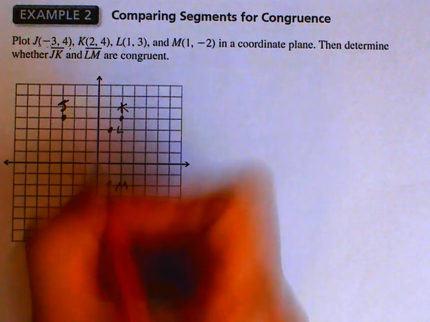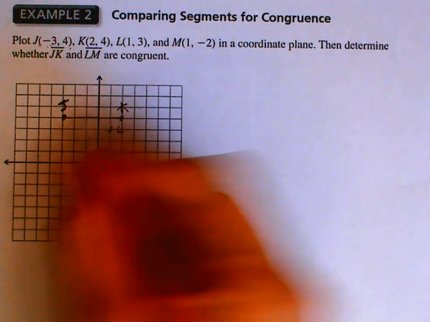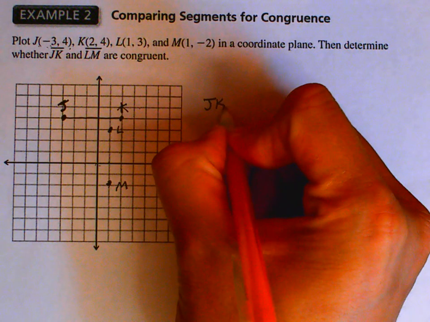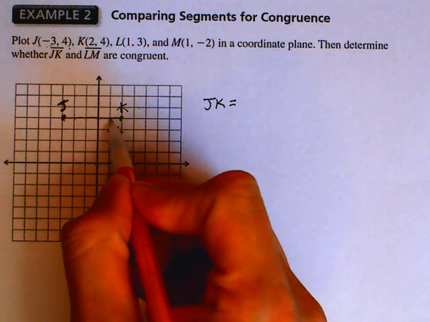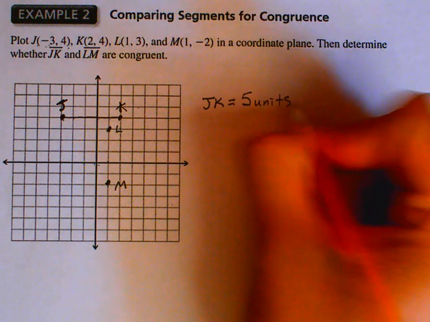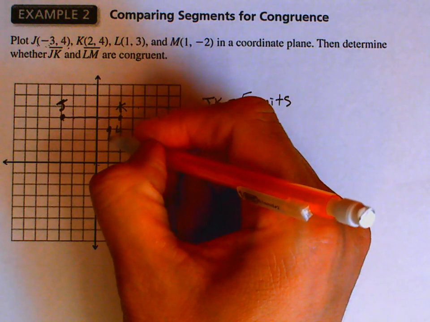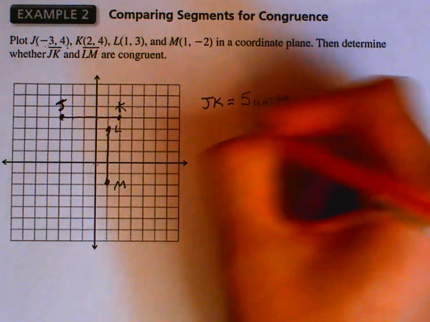If you look at JK, if you were to draw that segment, because it's on a horizontal, we can simply just count. 1, 2, 3, 4, 5. JK is 5 units long. And LM, that's 1, 2, 3, 4, 5.